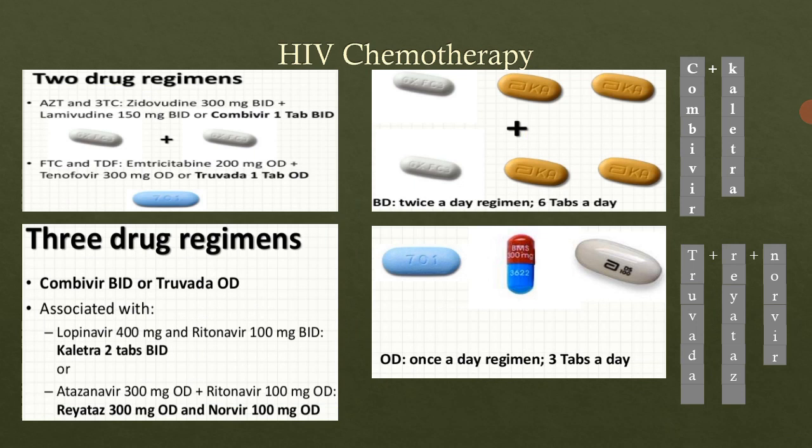Drugs that can be taken include 2 drug regimens and 3 drug regimens. In the 2 drug regimen, AZT and 3TC are used: zidovudine 300 mg and lamivudine 150 mg. These are the 2 drug regimens.